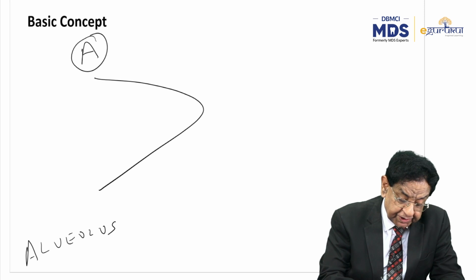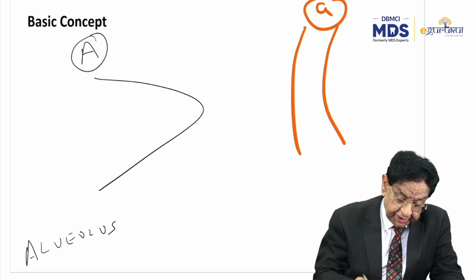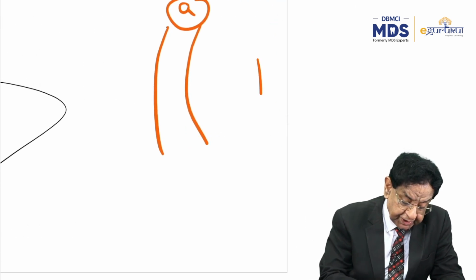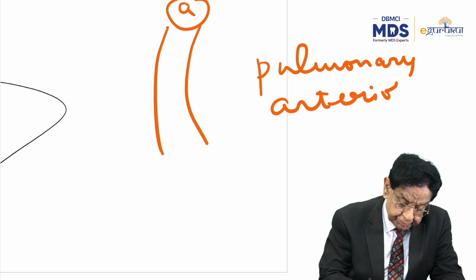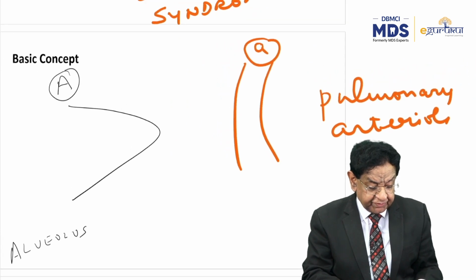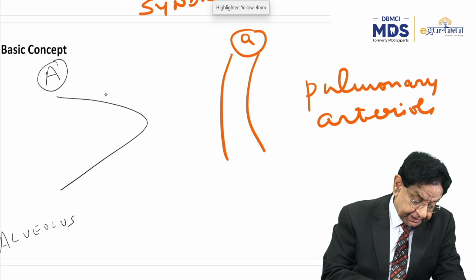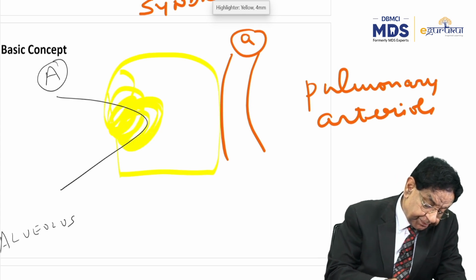This is the arteriole, small a for pulmonary arteriole. Now the basic pathology of ARDS or diffuse alveolar damage: a protein-rich fluid accumulates in the interstitium and in the alveoli.